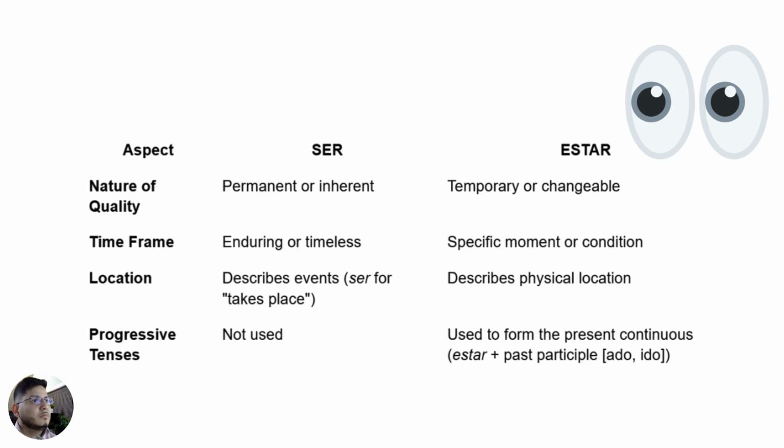This is a general outline of how to break things down, how to understand when you use both. Because in Spanish, speakers can use those interchangeably. They can use both for the same exact sentence. So when talking about the nature of a quality, when describing something, if you're using ser, you're saying that you believe that there's something permanent or something inherent in that thing that you're describing.